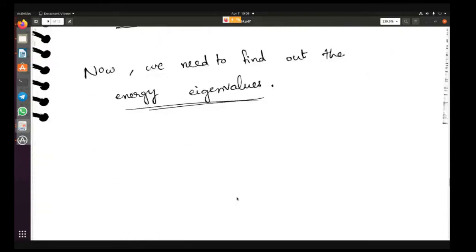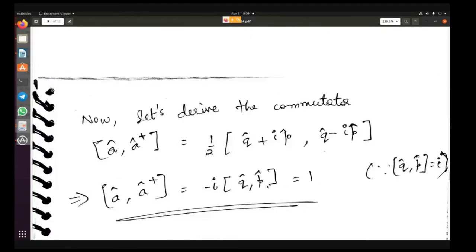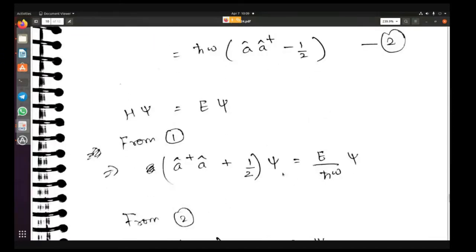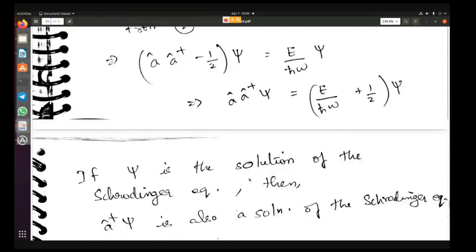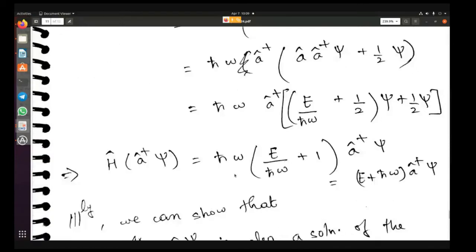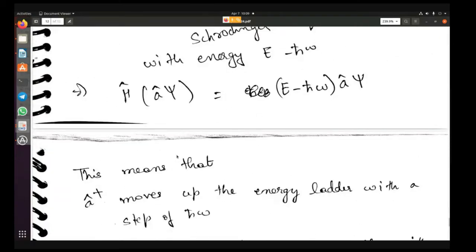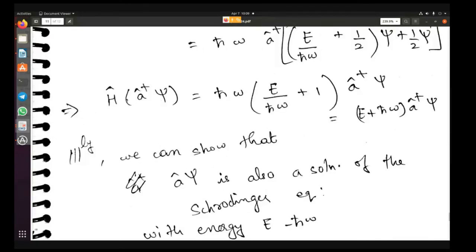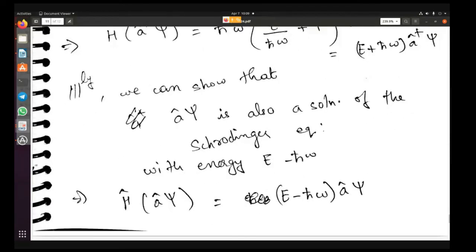And then we did some small commutator relations because we wanted to get the eigenfunction. Finally, after all this algebra, we saw that there are these raising and lowering operators.